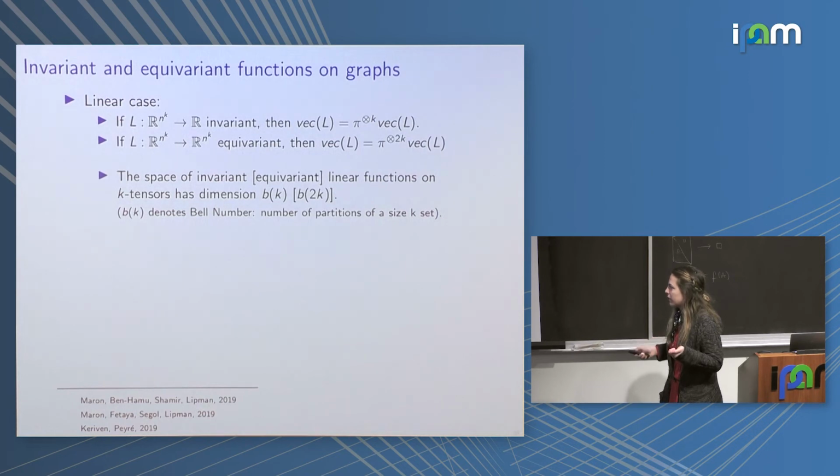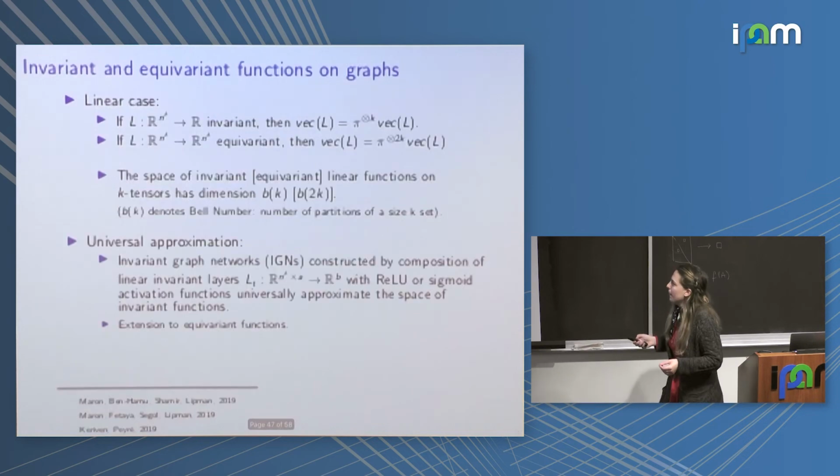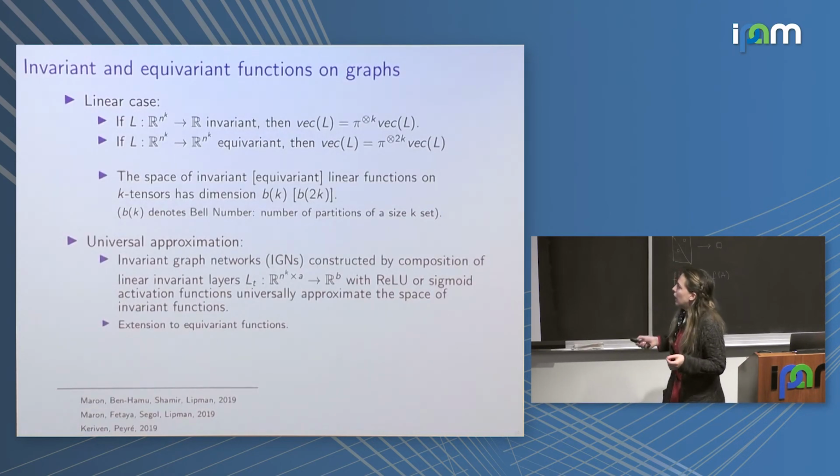In particular, this is a paper by Maron and Lipman, and the dimension of this space is B(k), where B(k) is the Bell number, that is the number of partitions of a set into k sets.